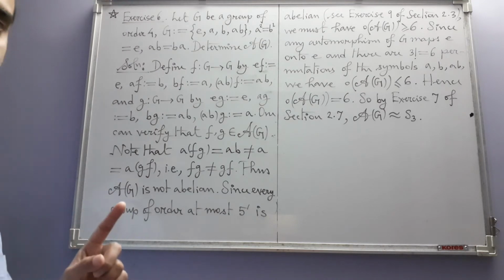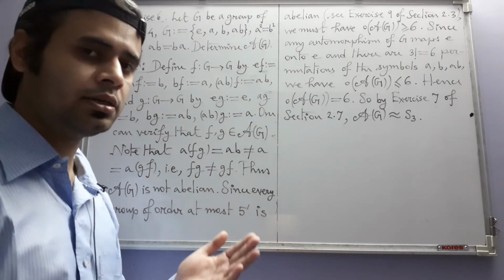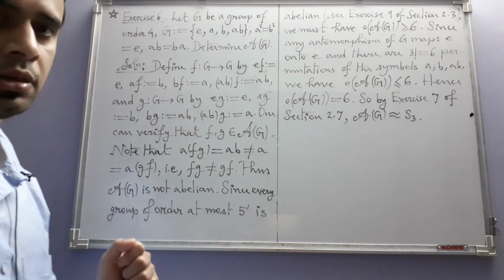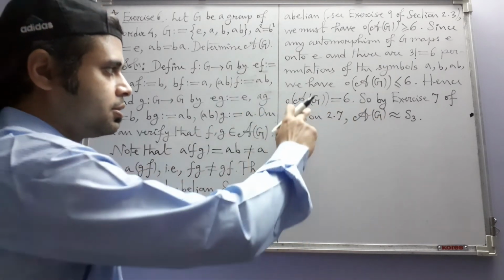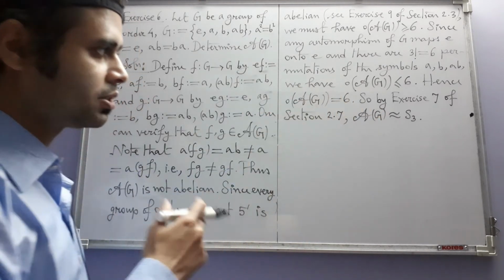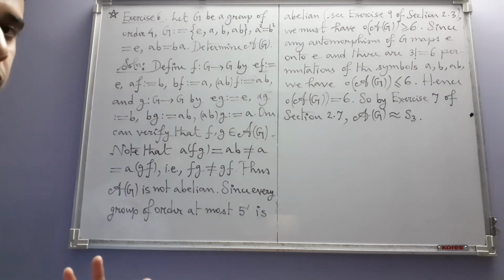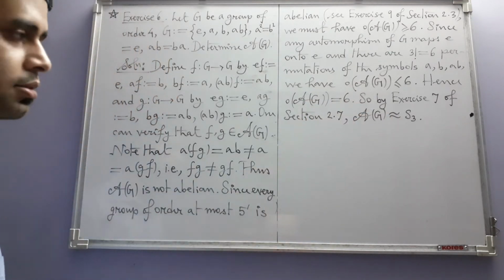Up to isomorphism there is only one non-abelian group of order 6, that is S3, that we have already proved in this exercise. So this is a non-abelian group of order 6, so it must be isomorphic to S3. Isomorphism means you have found essentially what the automorphism group is.